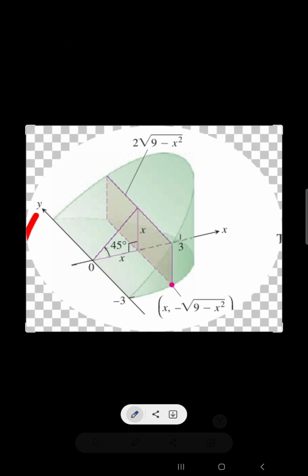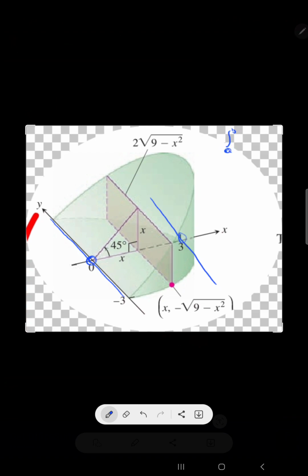Let's review it again. So what we need is the boundaries for our integral. Boundaries for our integral are the endpoints of our solid. So it starts here and ends in here. And this point is of course 0, and this point is 3.